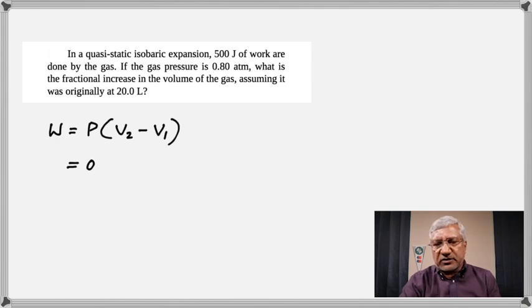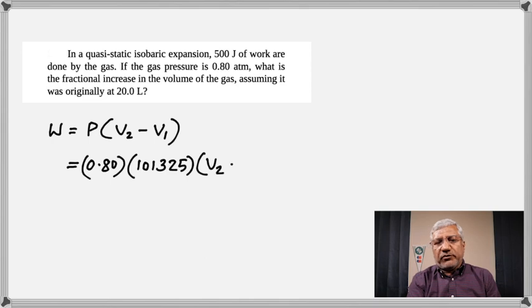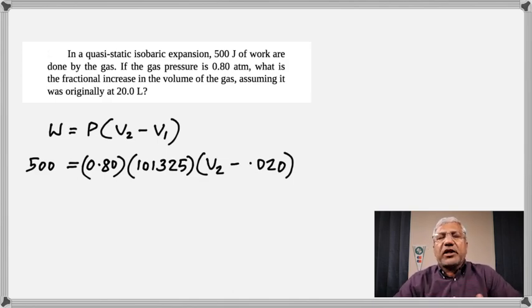That means the pressure is constant. Now, the pressure is given in atmospheres, and I'm changing it into pascals, and then change in volume. We do not know the final volume, but we do know the initial volume. And I did change that into meter cube. 20 divided by 1,000, because 1,000 liters make a meter cube.